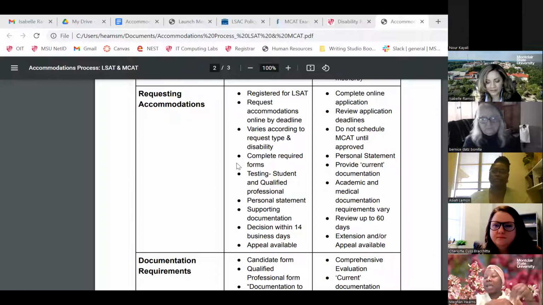When it comes to the MCAT and LSAT, you can take a break and have it built in and approved as an accommodation. So it could be a break for a variety of reasons based on your documentation. It pauses your actual testing time so that you can take that break.